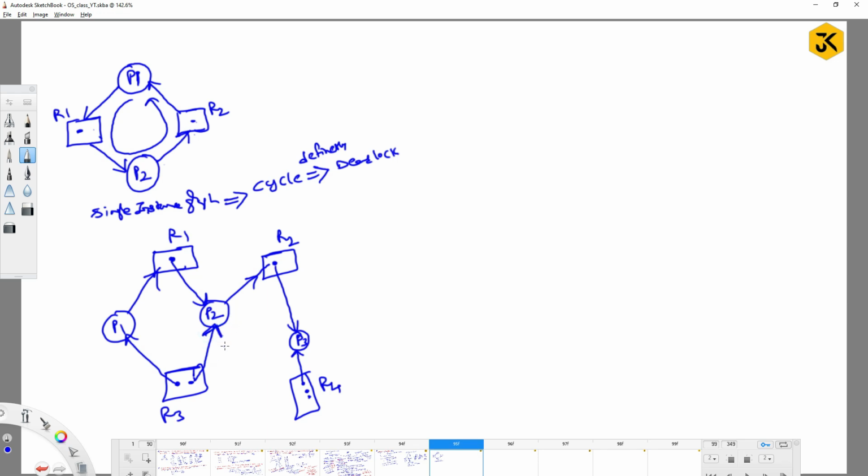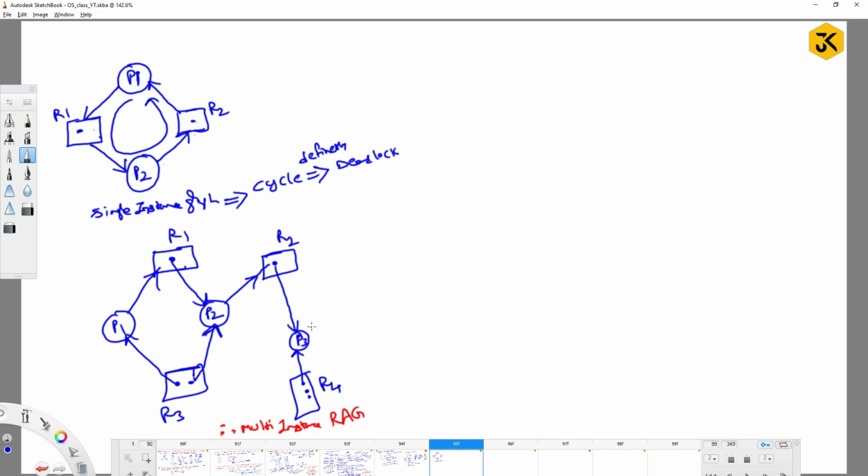Guys, now tell me, is there any kind of deadlock here? Before that, let me call this a multi-instance resource allocation graph. Why? Because if at least one resource has more than one instance, that's why I call this a multi-instance resource graph.